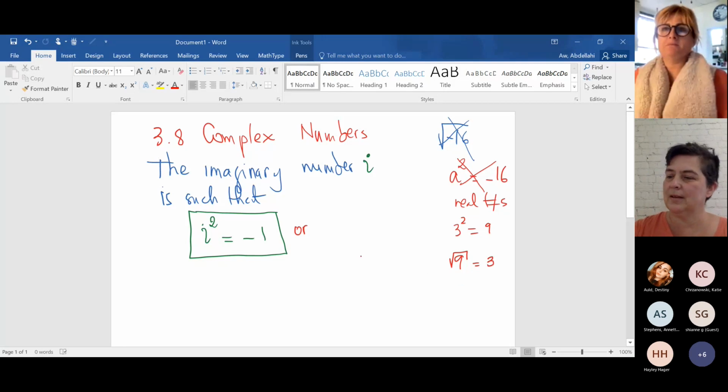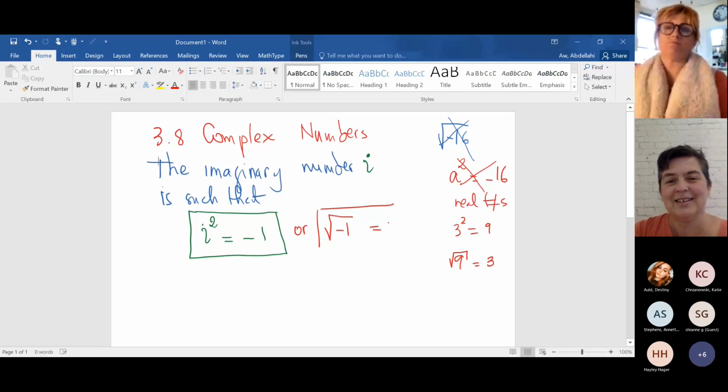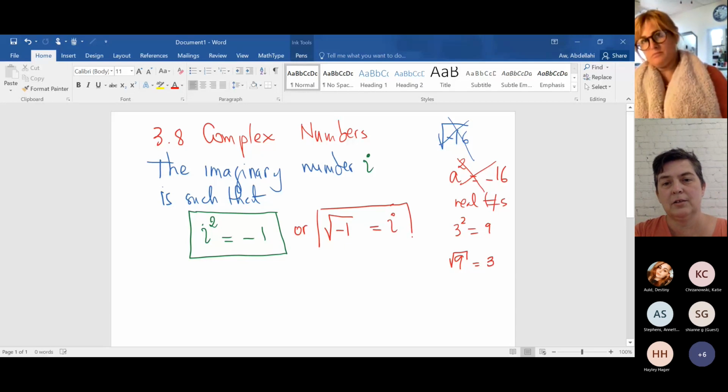That is the radical form. So can you do the same here and give me the radical form? It would be the square root of -1, sorry, is equal to i. Thank you.